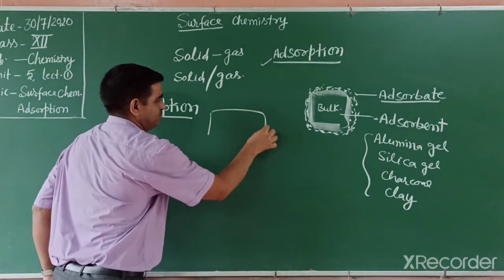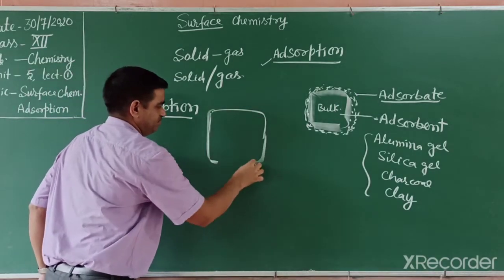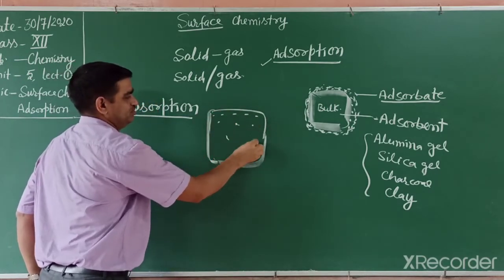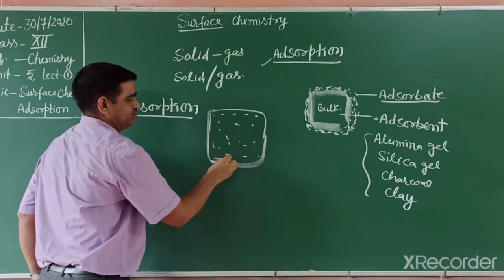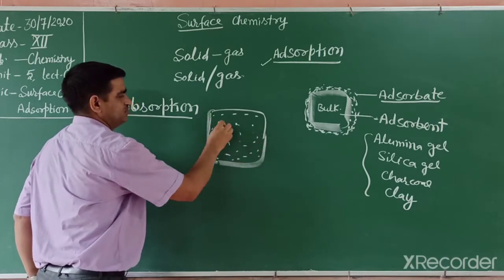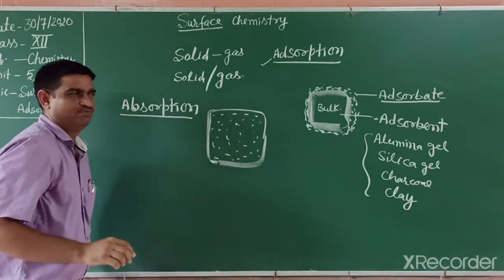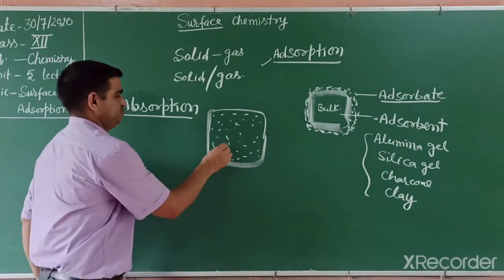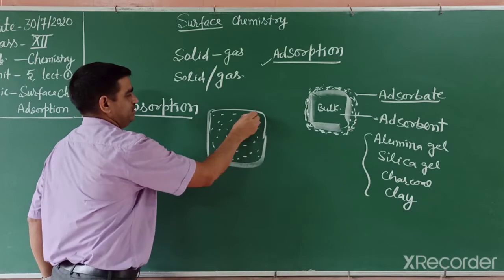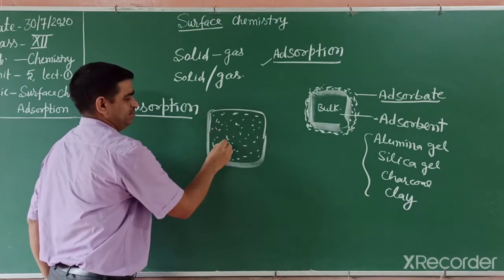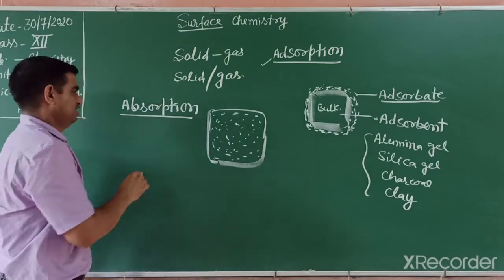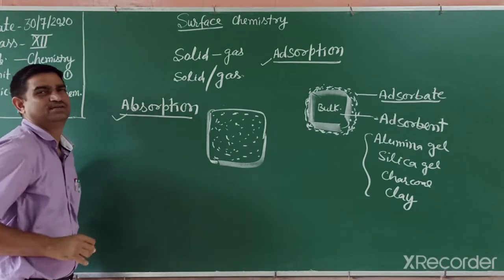Suppose this is a bulk phenomenon. The molecules are equally distributed, like a sponge when we use it to absorb ink. The molecules are equally distributed in the bulk, in comparison to the surface. That process is known as absorption.